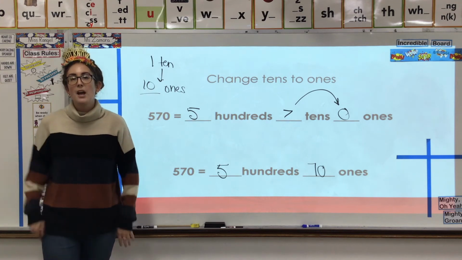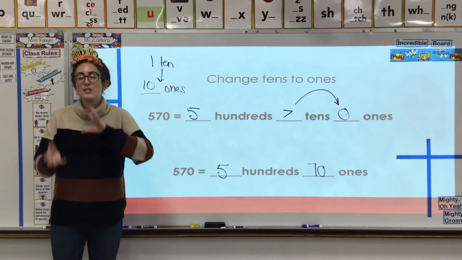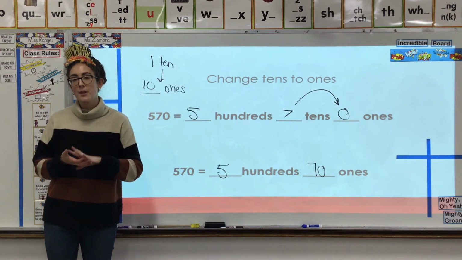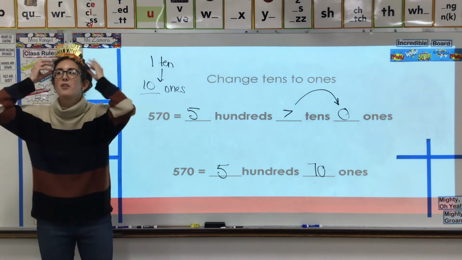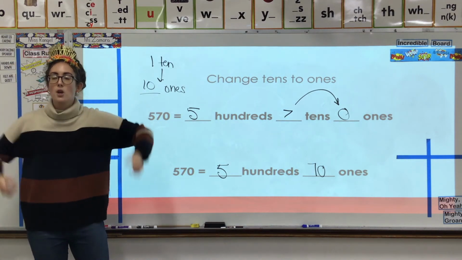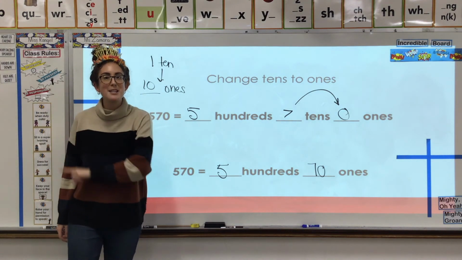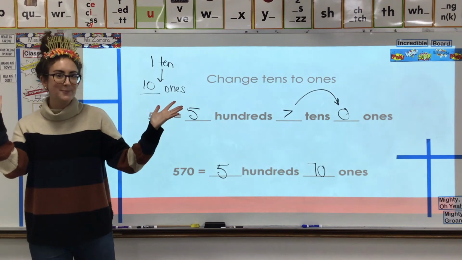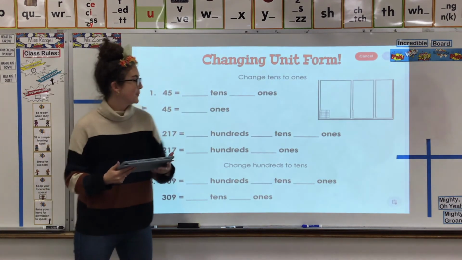Okay, second grade, you are now going to try your own set of these changing unit forms. You're going to try to do it just like we've been practicing, where you're thinking about all this change and knowledge in your head. So I'm going to show you the worksheet and explain how you are going to show me what you know. Okay, let's check out your next worksheet of the week.